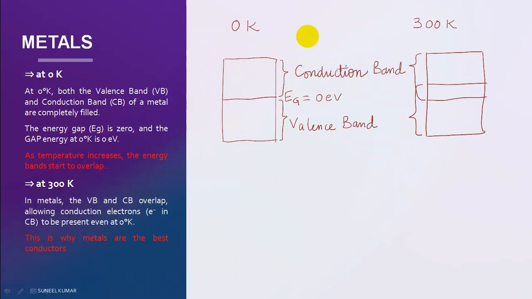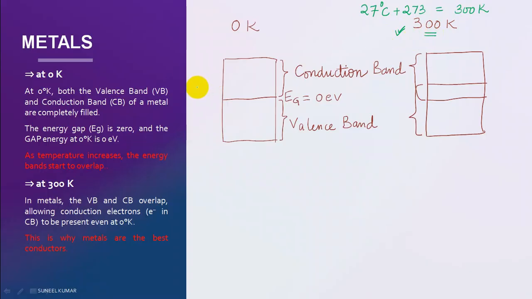If we want to convert this to Kelvin, we have to add 273, so this will become 300 Kelvin. Ultimately we need to discuss what the energy band diagram looks like at room temperature, 300 Kelvin.